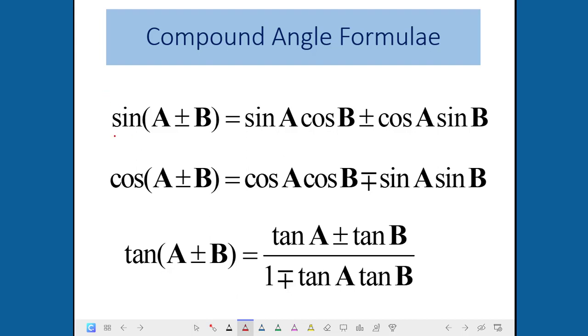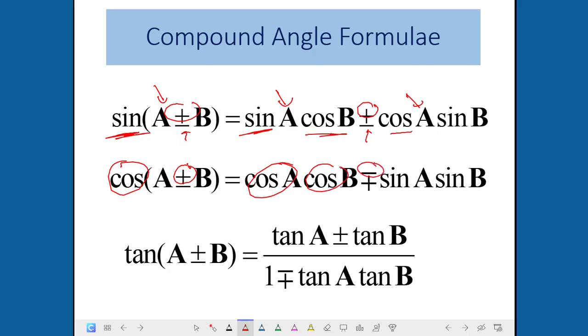Sine A plus B equals sine A cos B plus cos A sine B. Sine A minus B equals sine A cos B minus cos A sine B. Cos A plus B equals cos A cos B minus sine A sine B.